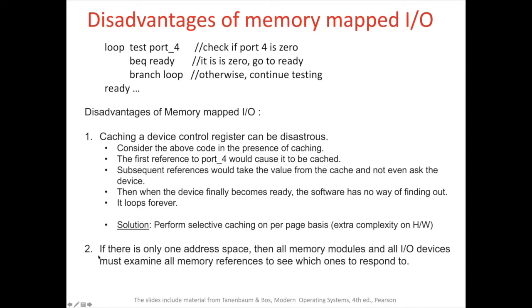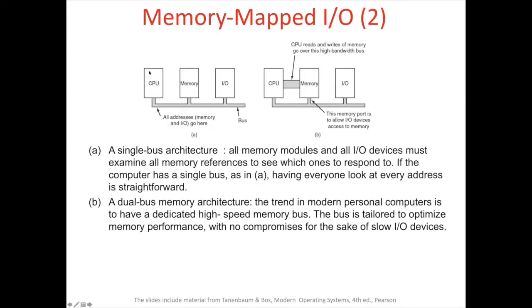Another disadvantage is that if there is only one address space, then all memory modules and all I/O devices must examine all memory references to see which ones to respond to. In memory mapped I/O, all the addresses produced by the CPU go through the address bus.